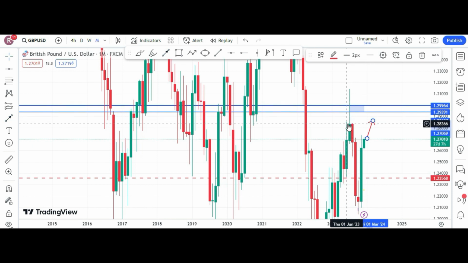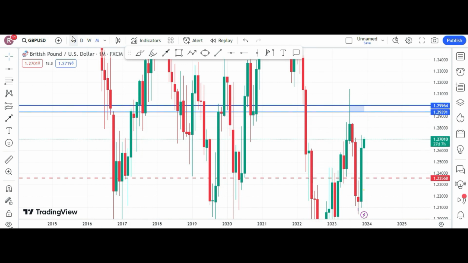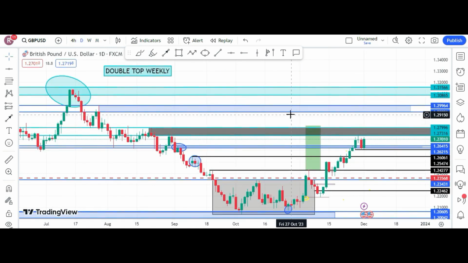immediately it is opening the gateway to the price zone of the monthly double top. Can you guys see? We need a green and a red. So if it becomes green and comes here, and any red will create a monthly double top. And this daily double top, which we have marked just in the daily time frame, is within that zone.